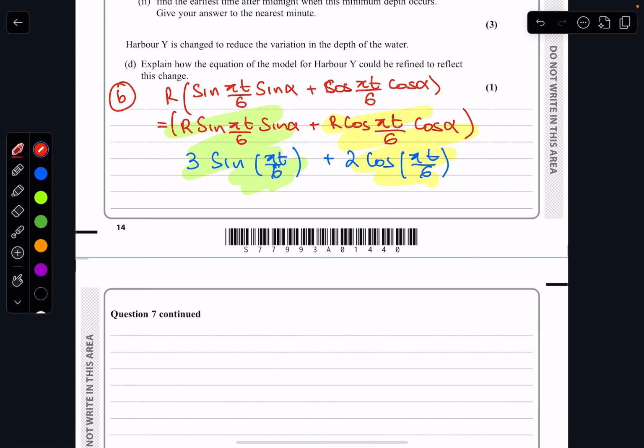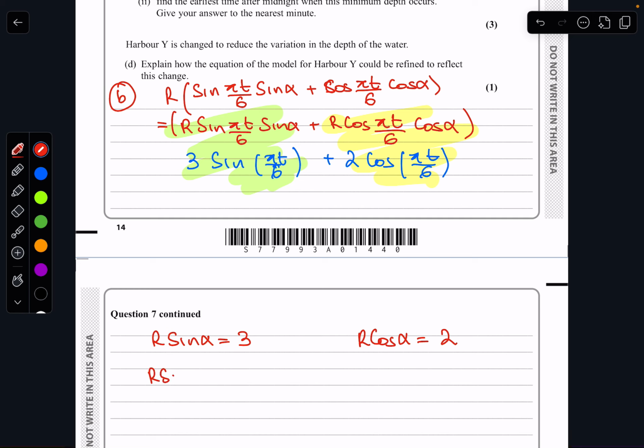In this case, the sine pi t over 6 and sine pi t over 6 cancel each other out. So you're left with r sine alpha is equal to 3. And for the cos section, r cos alpha is equivalent to 2, because you cancel out those values when you compare. Essentially from there, we can simply divide them.